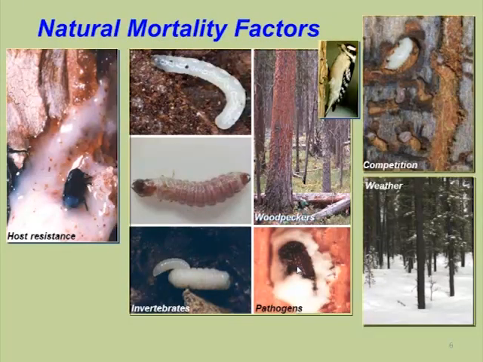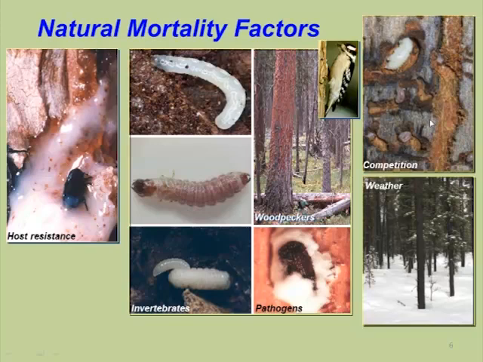But under normal endemic conditions, these are the major factors that keep beetles under control. Host resistance is one of the most important. As you see here, the beetle is stuck in the resin. We have a lot of invertebrates, parasitoids, and predators attacking and killing them. Sometimes we see pathogens, and some birds, woodpeckers for example, peck them.